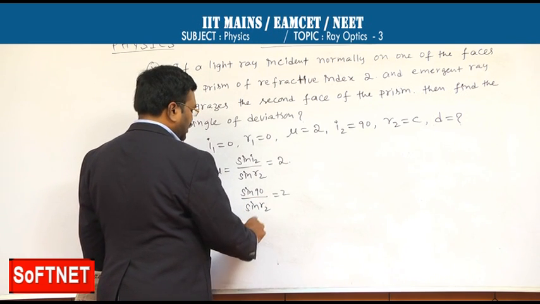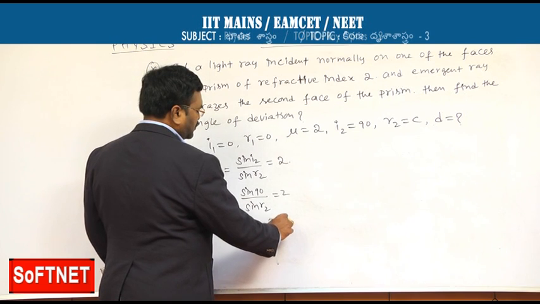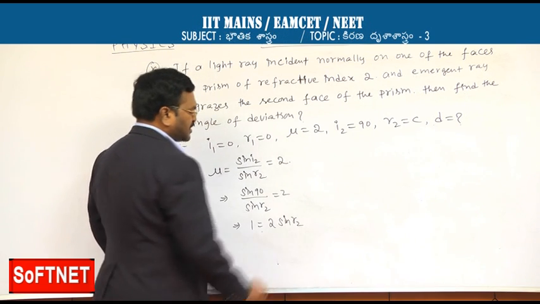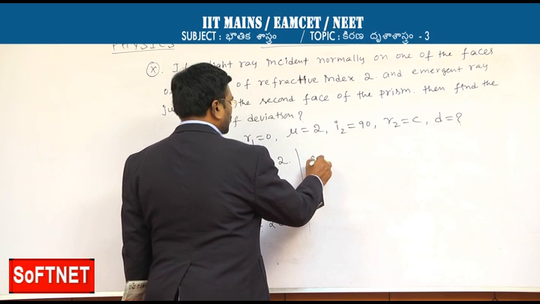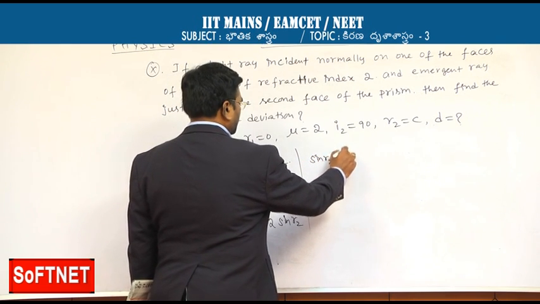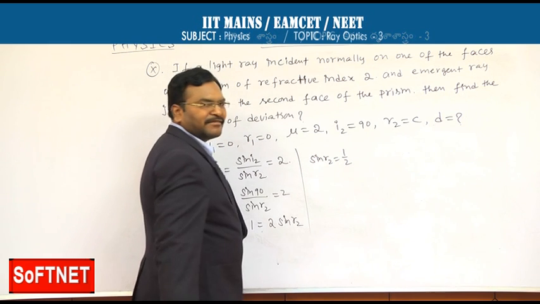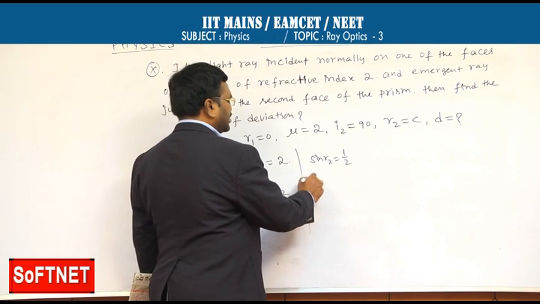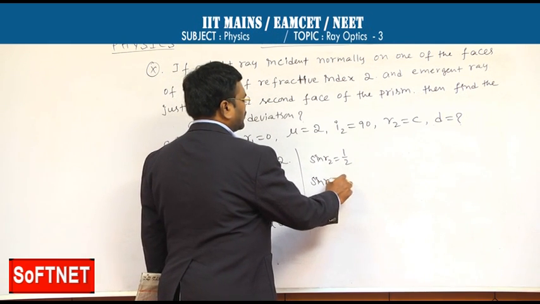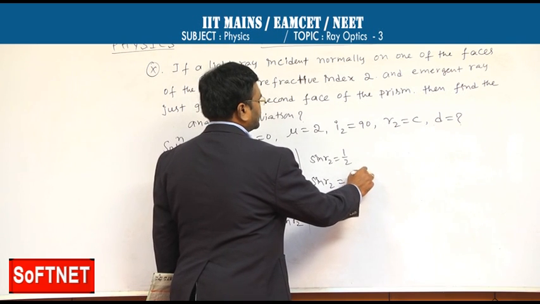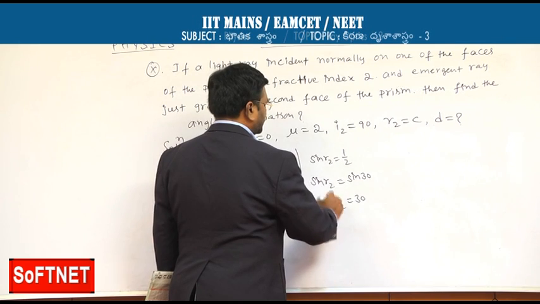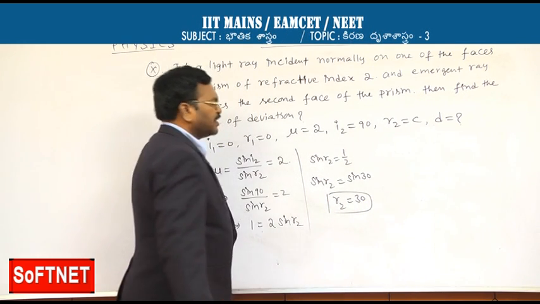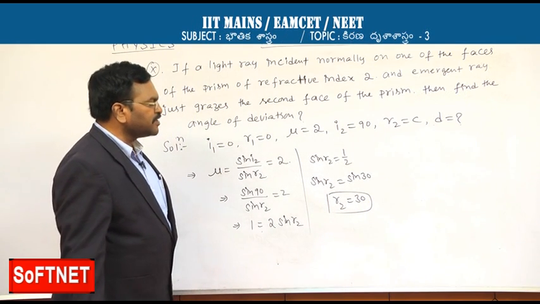Sin 90 is 1, so 1 is equal to 2 into sin R2. Now sin R2 is equal to 1 by 2. For which angle is the sin value 1 by 2? Sin 30 degrees. So sin R2 is equal to sin 30 degrees, so R2 is equal to 30 degrees. R2 value is 30 degrees. But according to the question, R2 is the critical angle.